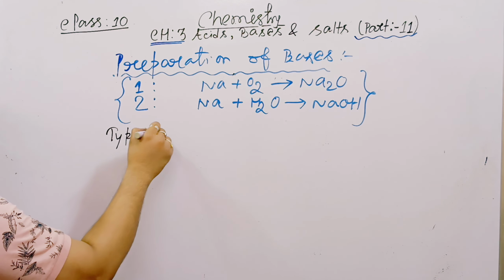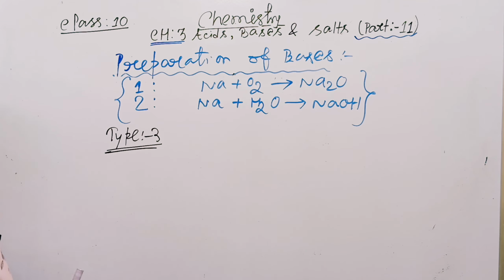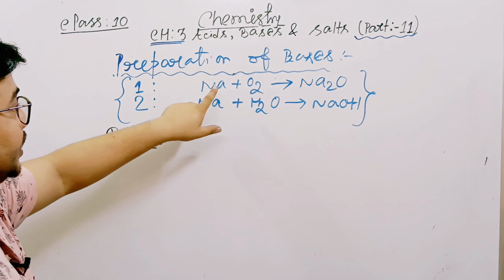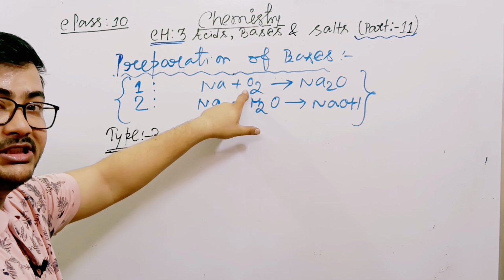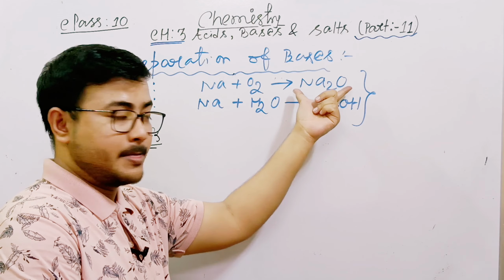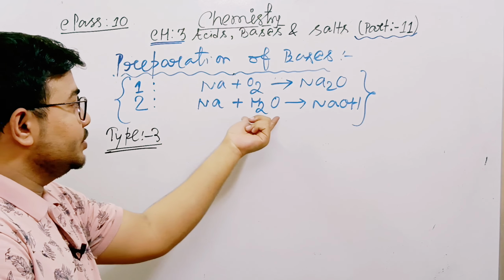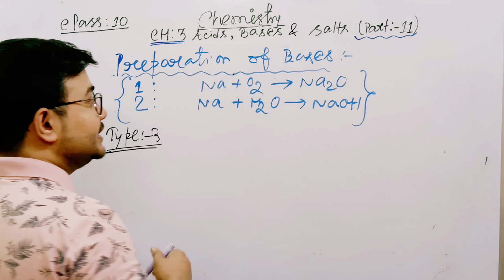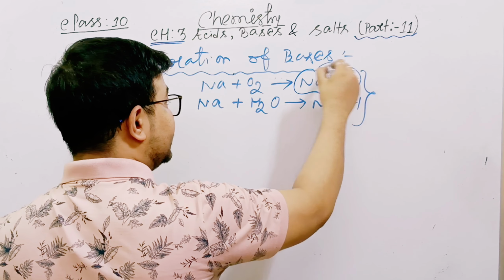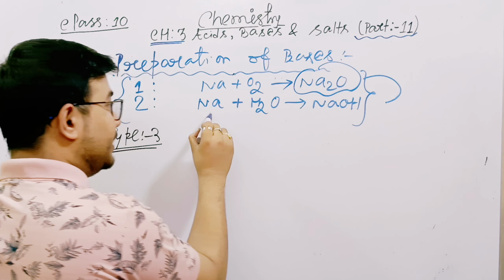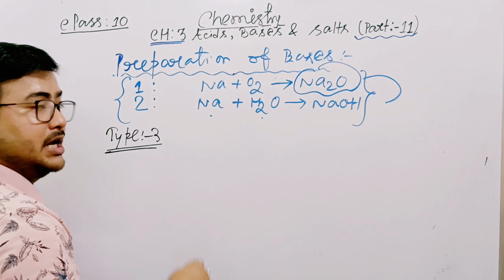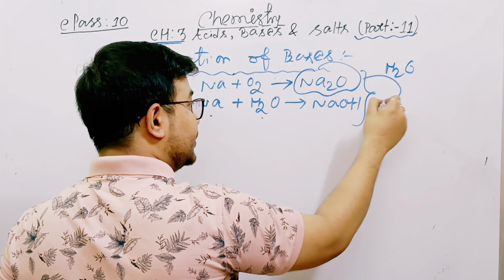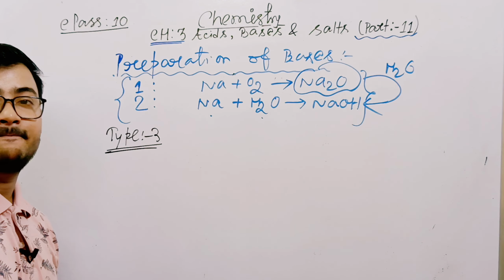That's why I again discuss these first two concepts. Again, read. When any metal reacts with oxygen, it forms oxide. Metal dissolved in water forms hydroxide. If you dissolve this oxide in water, it will form the same hydroxide.